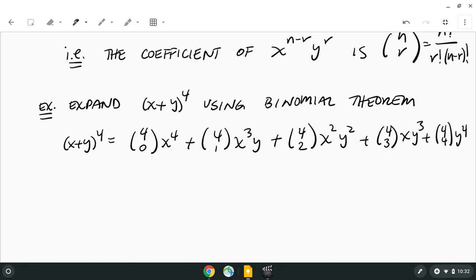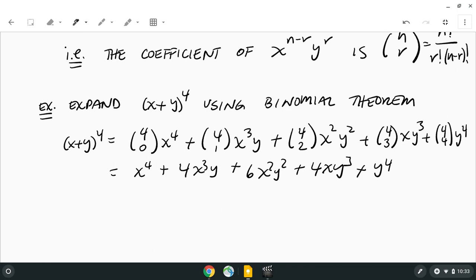Okay, so then we can go ahead and punch that in, and we get 1. And then punching that in, we get 4. Punching that one in, we get 6. And punching that in, we get 4. And punching 4 choose 4 in, we get 1.